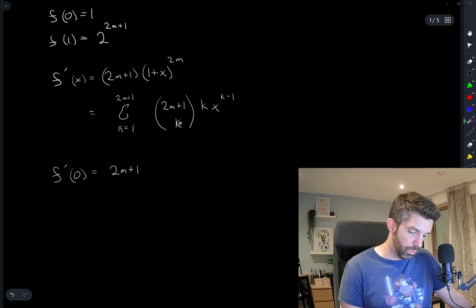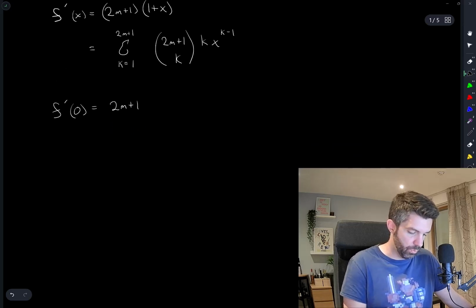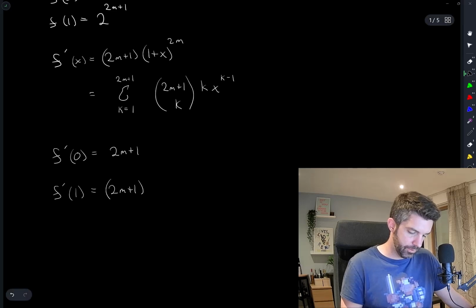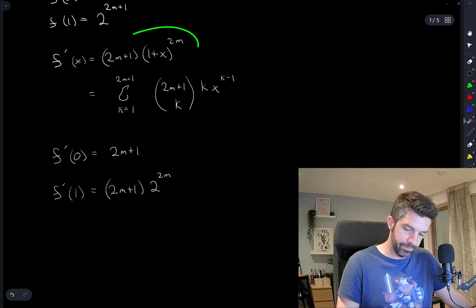And when k is equal to 1, this becomes (2m+1 choose 1), which is 2m+1. How about f'(1)? So this will be (2m+1) times 2^(2m). So that comes from this.